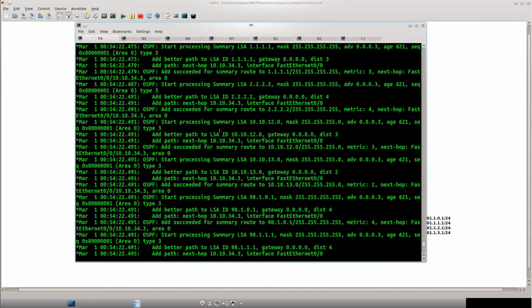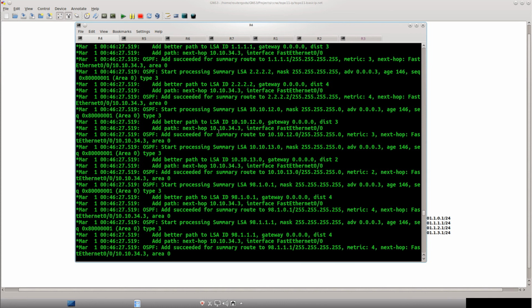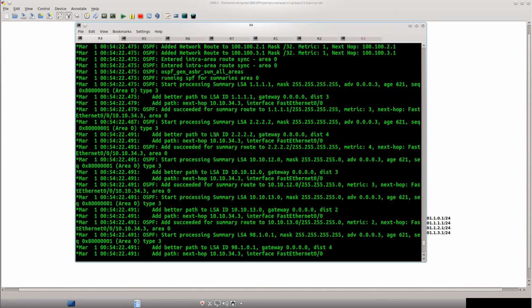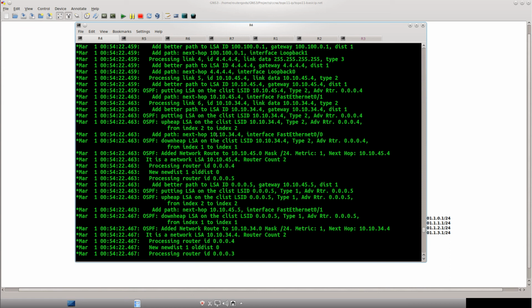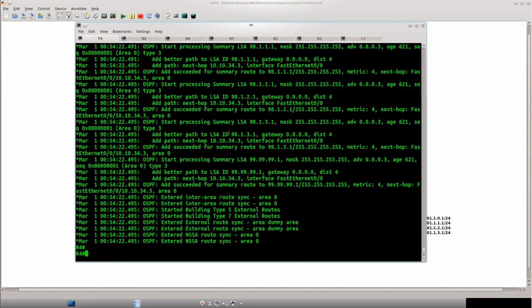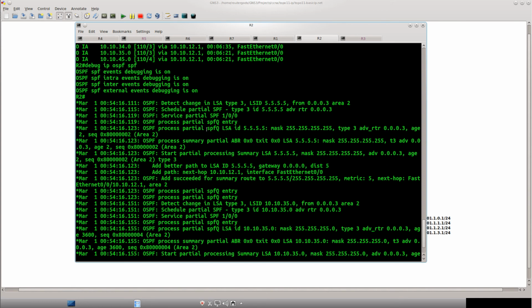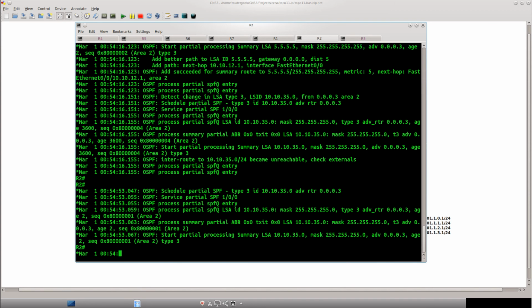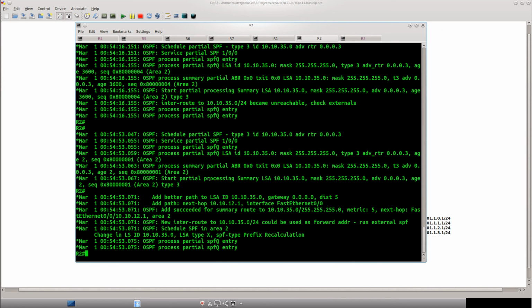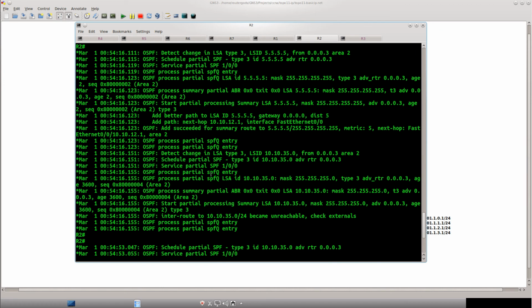So R4 had a couple, whoa, that's a lot. Lots and lots of pages happened on R4. Just a whole mess of stuff. Okay, we take a look at R2. R2, not too much. We still have some stuff going on, but really, it's a lot less.